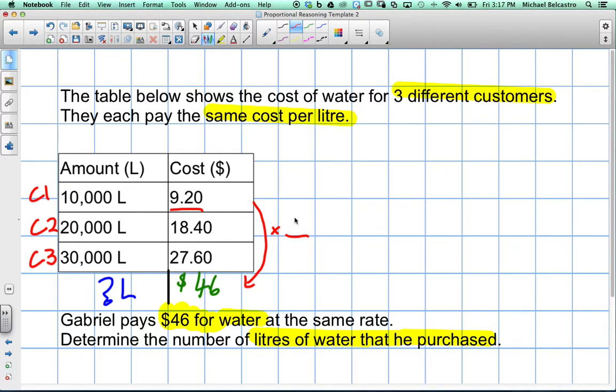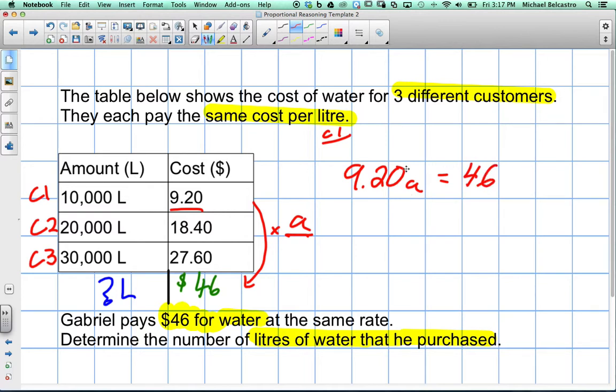And we'll call this variable, actually we won't call it x because the multiplication sign looks so very similar to it. We'll call this variable a in this case, okay? So I'm going to set this up as an equation. This will be for customer number 1, the equation. We have $9.20 times a, so we write it as 9.2a, is equal to the $46, okay?